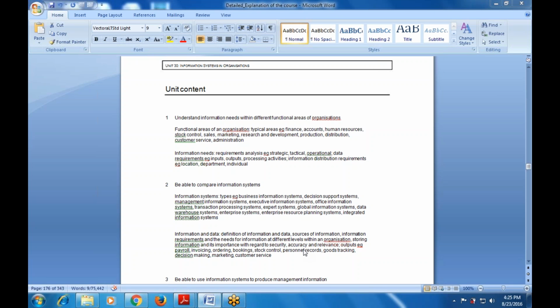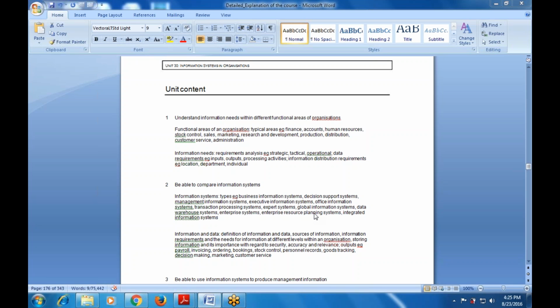So the next part is the information system. What are the various categories of information system that are used? That is BIS, Business Information System, DSS, Decision Support System, then Management Information System, MIS, then the Executive Information System, then the Office information system is also used, then the transaction processing system, TPS, expert system, global information system, data warehouse system.